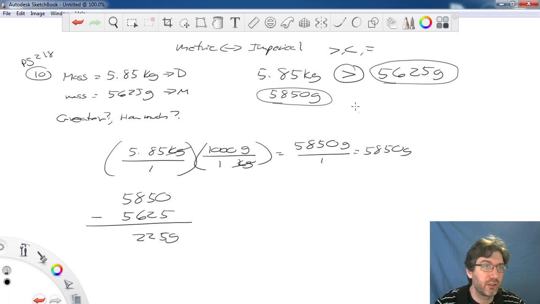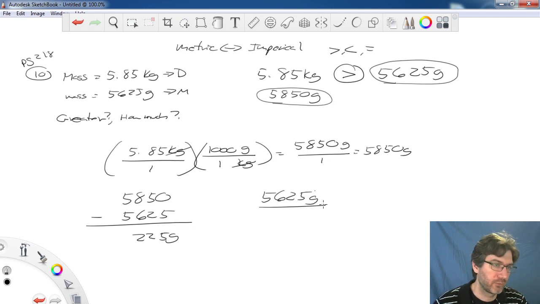If you did it in kilograms, it would be pretty much the same setup, only you're going to take this and make it kilograms. I mean, again, you're just going to move a decimal point, so if we did this in kilograms, we want 5,625 grams to become kilograms, so grams would cancel. Here you divide by the 1,000 as opposed to multiplying by the 1,000.